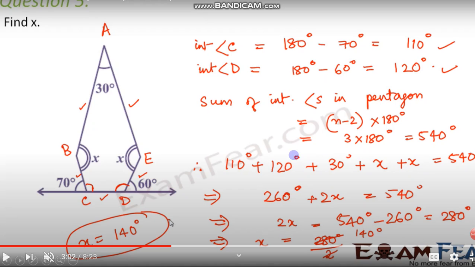These are the sum of the internal angles, which is equal to 540 degrees. Now 120 plus 110 is, sorry, 230 degrees. 230 plus 30 is 260 degrees. x plus x is 2x, equal to 540 degrees.